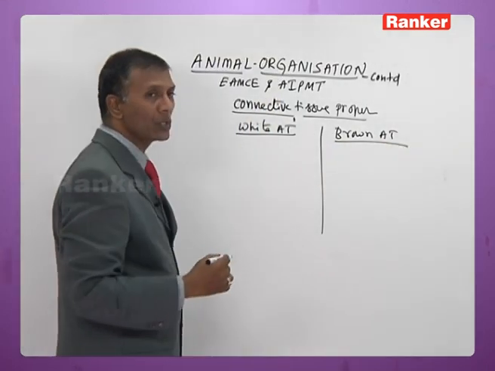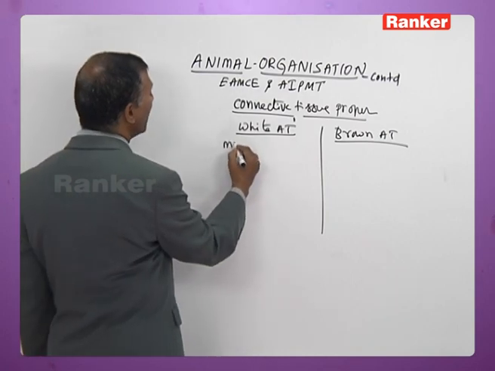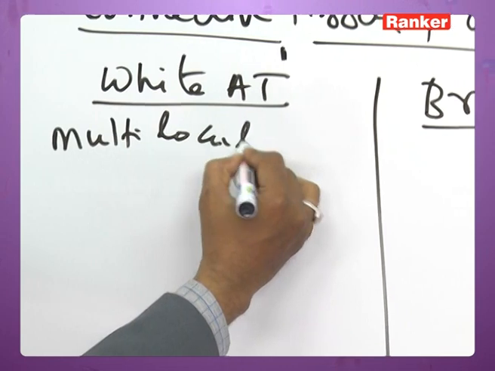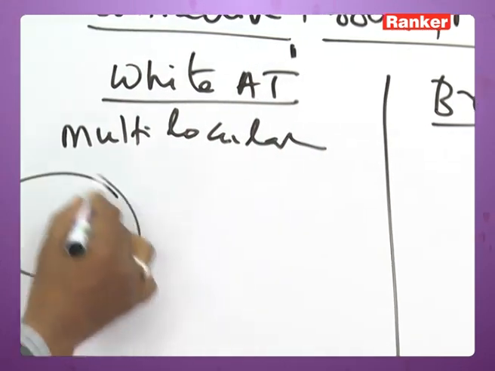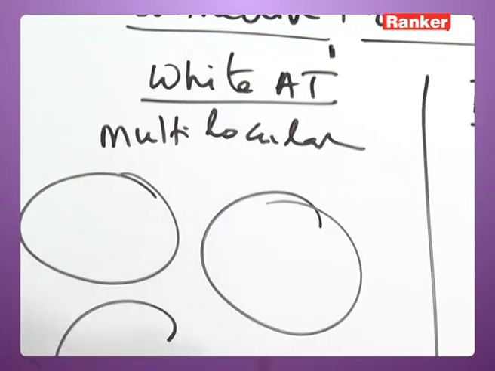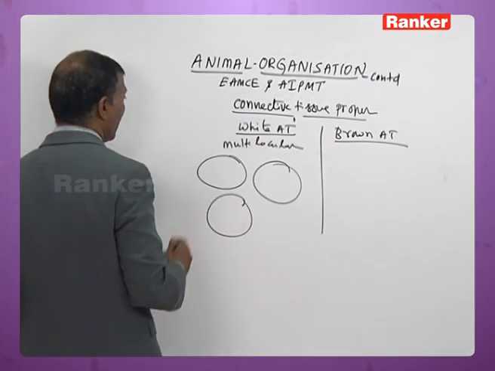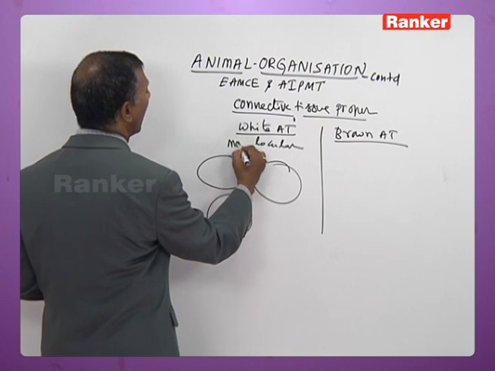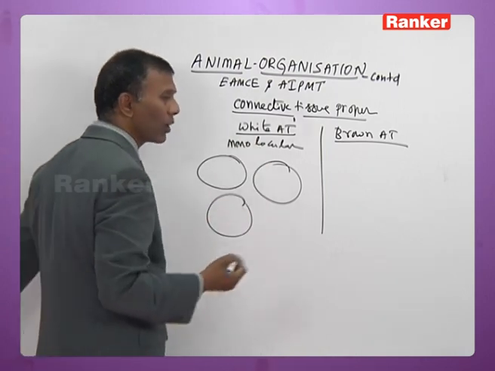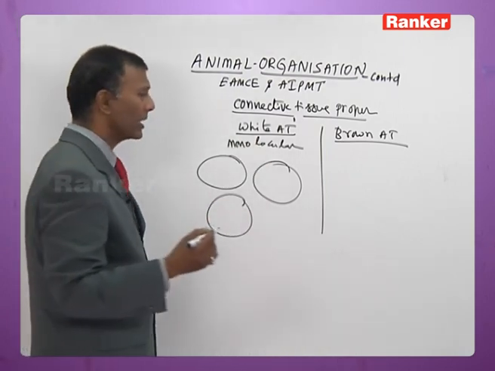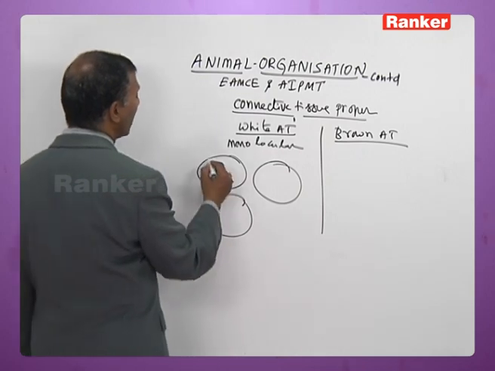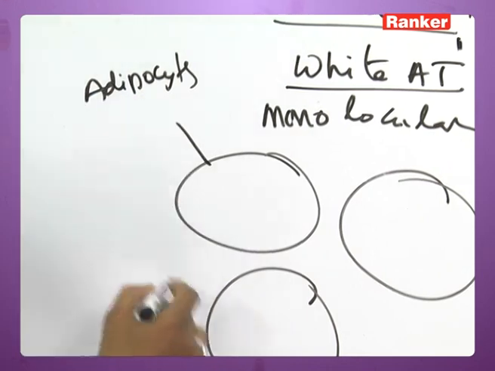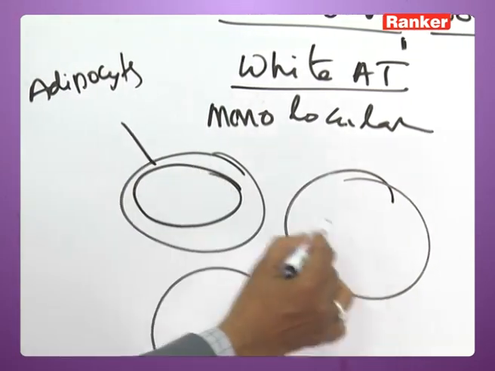Now, white adipose tissue is referred to as monolocular. Why is it referred to as monolocular? I will just make a mention here. These are all adipocytes. The adipocytes are modified fibroblasts. Each adipocyte has a large vacuole at the center.